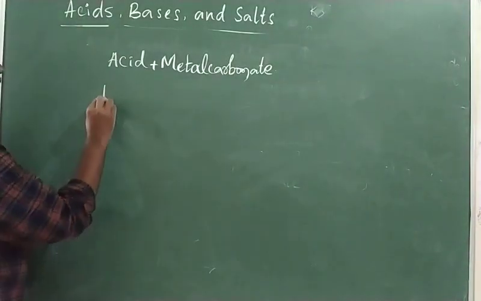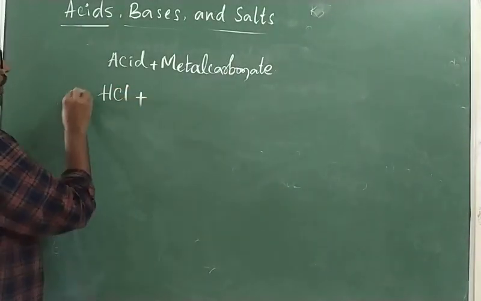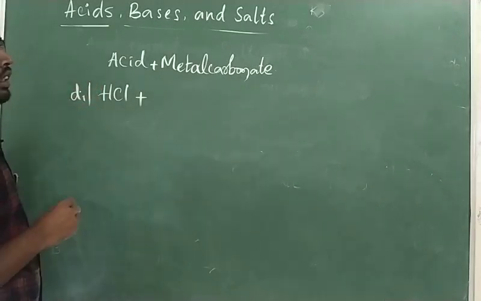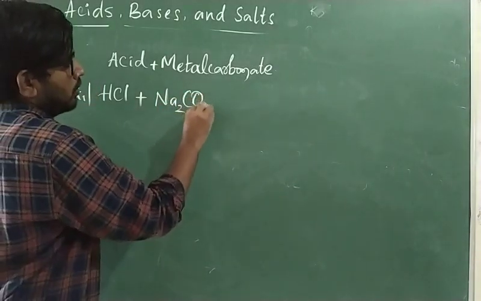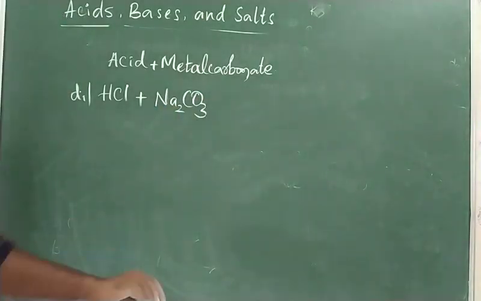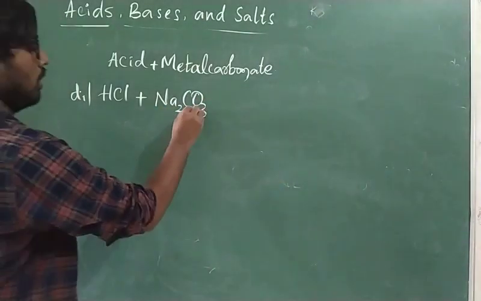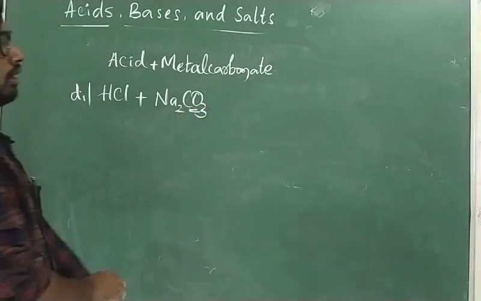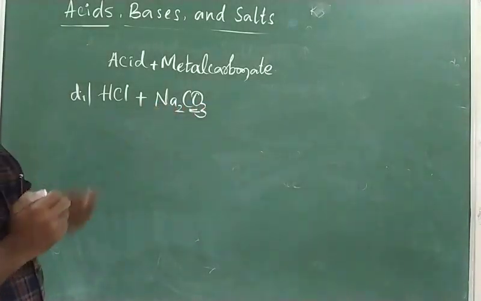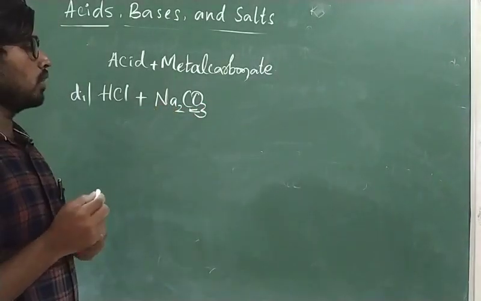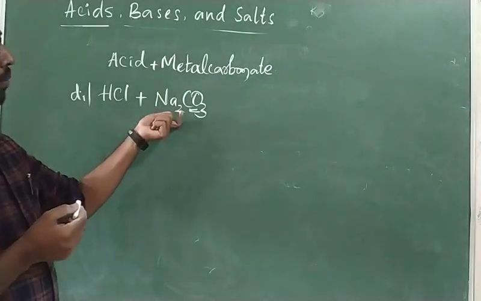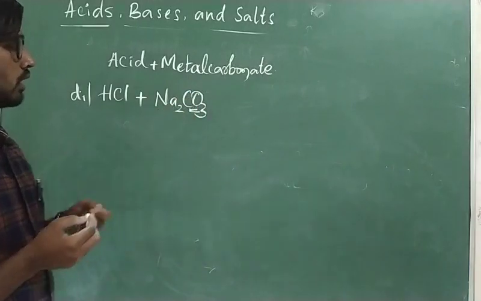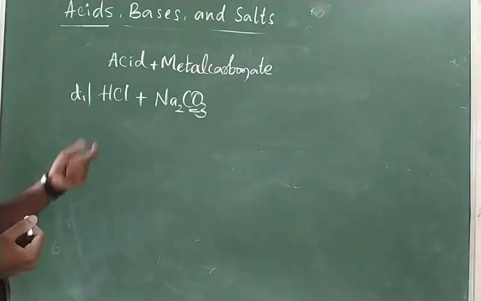If we take dilute hydrochloric acid, and if we take Na2CO3, this is sodium carbonate. This is carbonate, sodium carbonate. What is the common name of sodium carbonate? We call it washing soda, remember. Washing soda is Na2CO3 with H2O, here I am just taking Na2CO3.